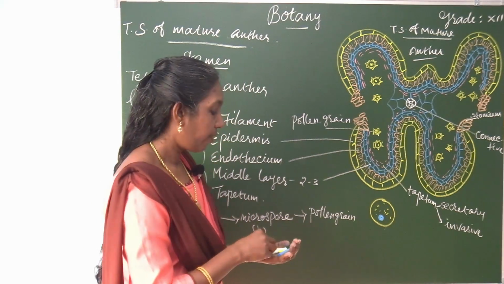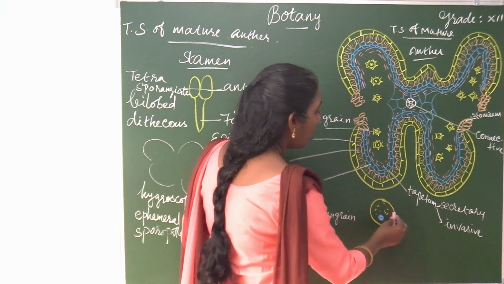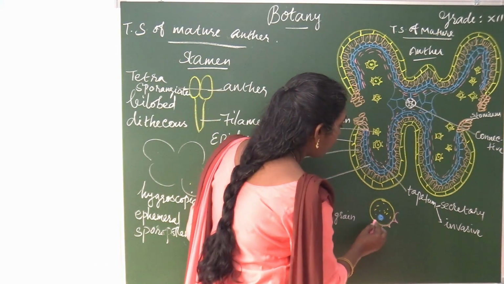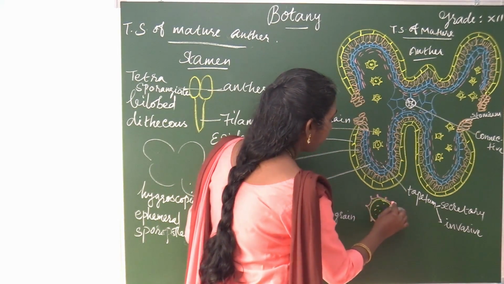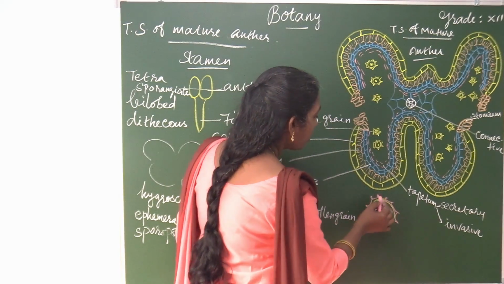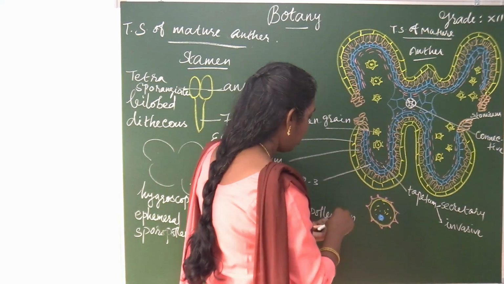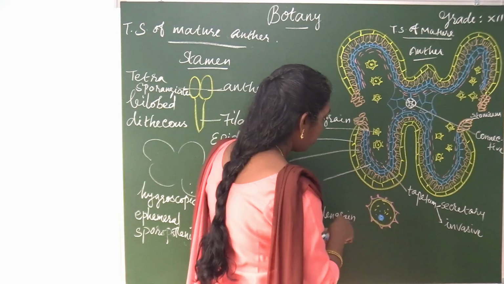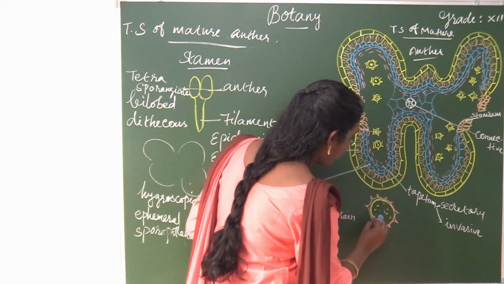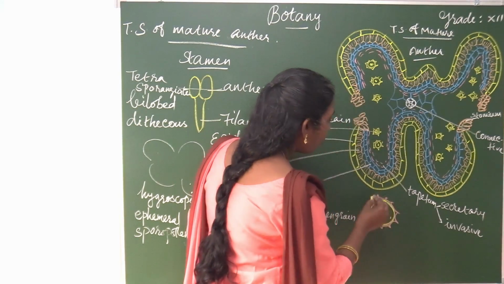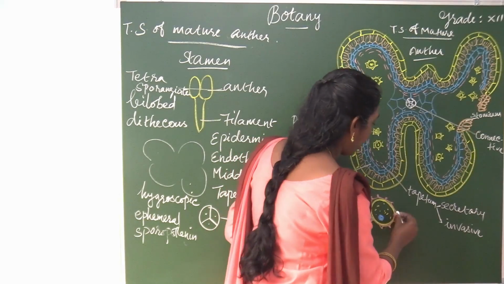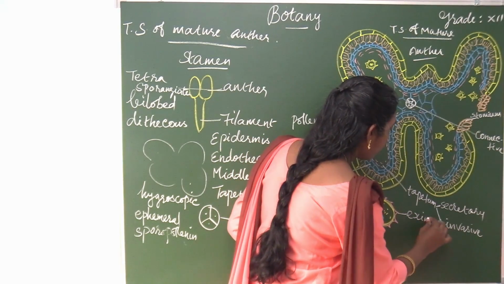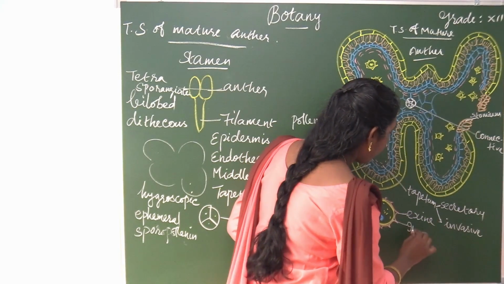There are two different wall layers. The outer layer is called exine and the inner layer is called intine. The outermost layer is exine, and this layer is intine.